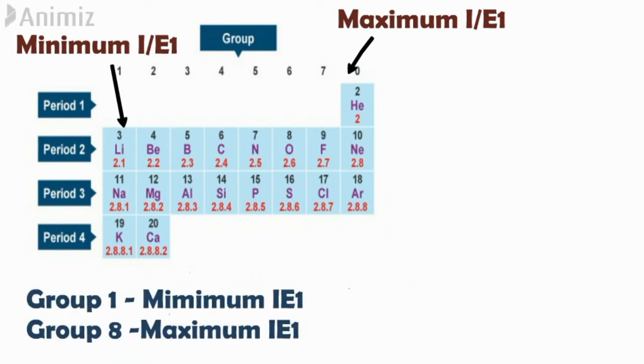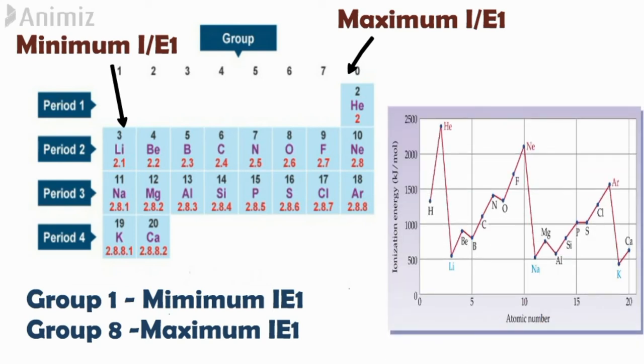When we consider from left to right in the period, the first ionization energy varies in a regular manner. When we consider from top to bottom of the group, the ionization energy decreases. So this can be observed clearly in the graph.